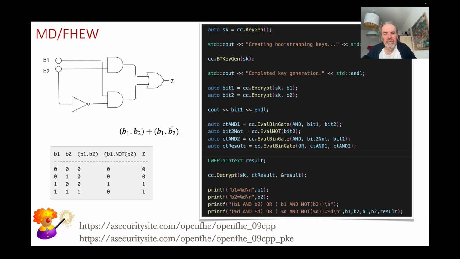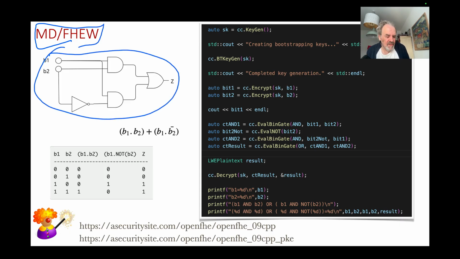One really powerful method within homomorphic encryption is to use Boolean circuits. For that, we can use the MD method. In this case, we might have a Boolean circuit such as this, which should give us this logic out. For this, we can use our evaluation gates.